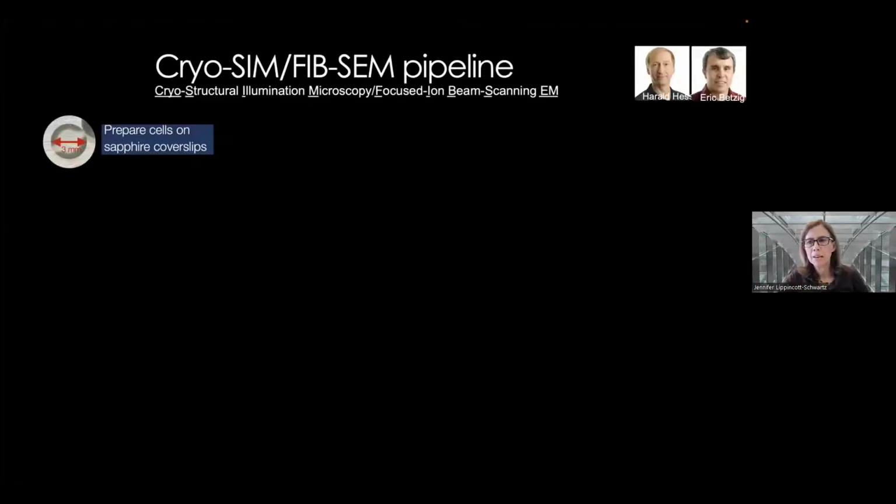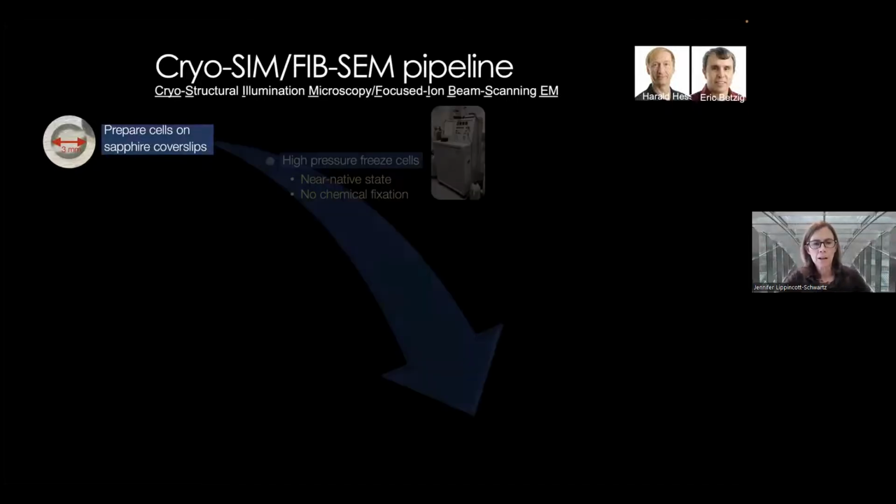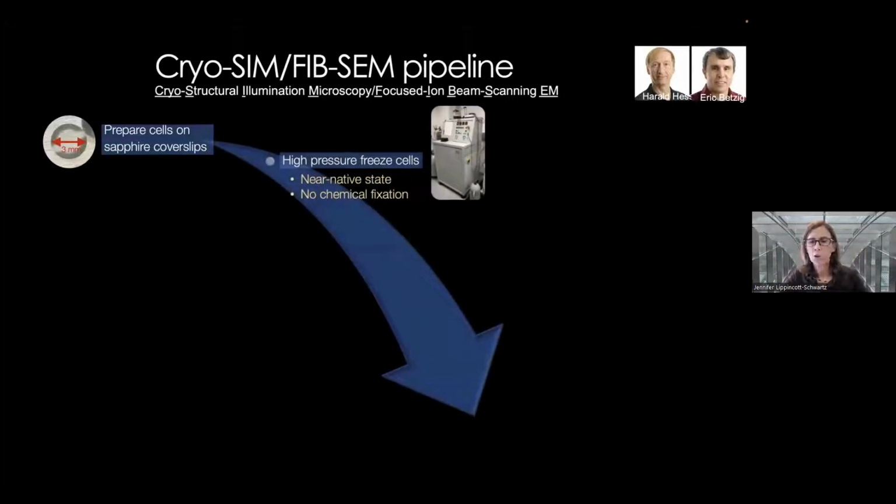So here's a pipeline that we've been using, and this was really developed by Harold Hess, together with Eric Betzig. Eric really pushed the cryo implementation step, that basically we plate cells on sapphire coverslips. They are then high pressure frozen.